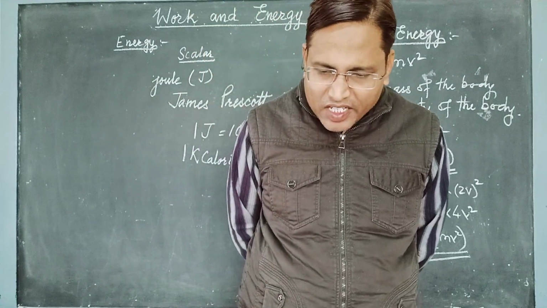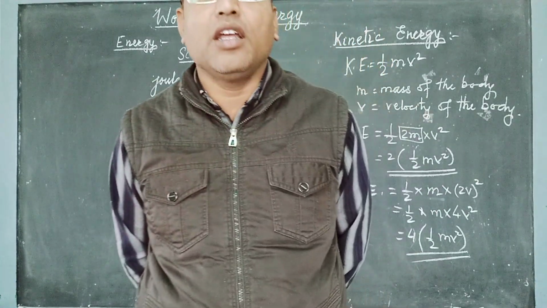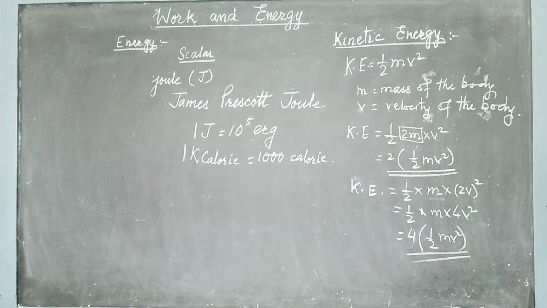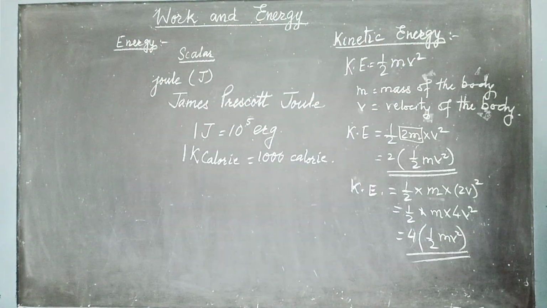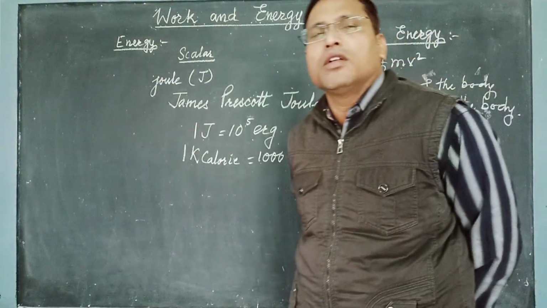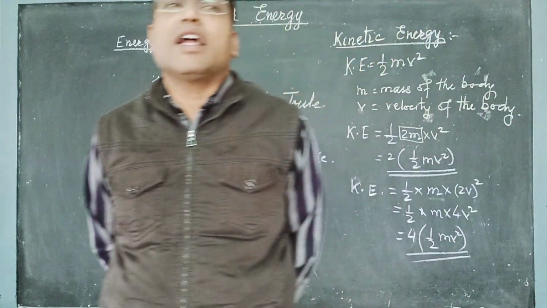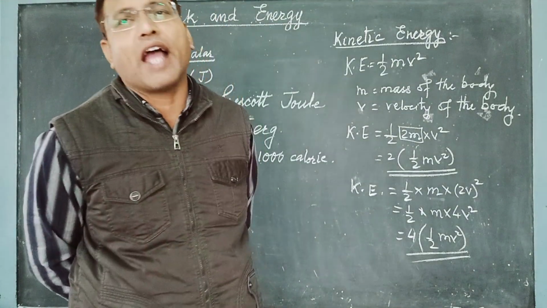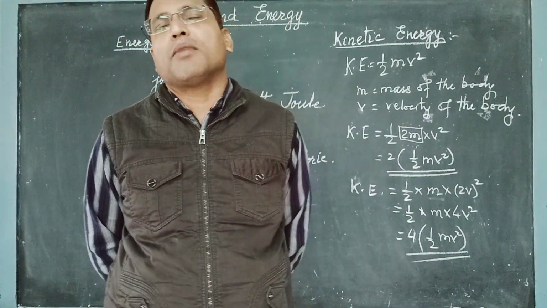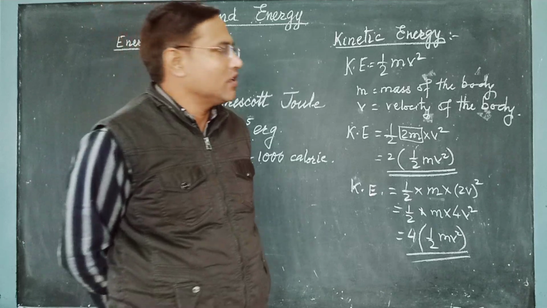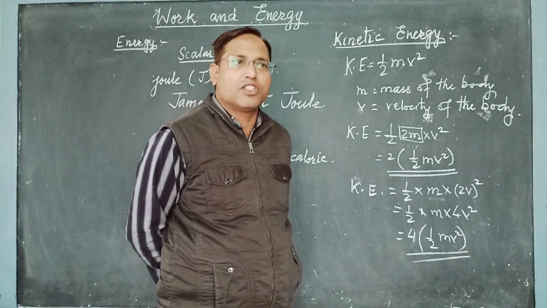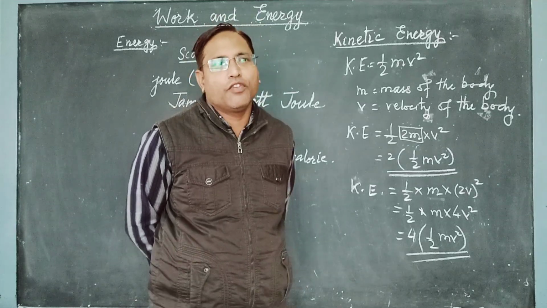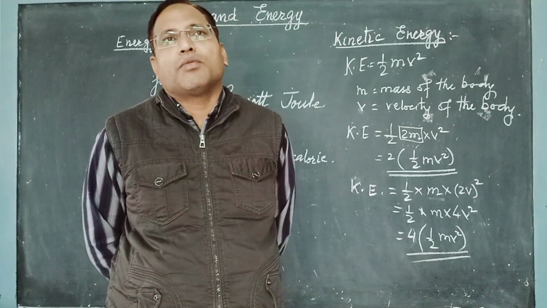So we can say that the kinetic energy of a body depends on the mass as well as on the velocity of the body, and hence the overall kinetic energy of a body can be changed by changing either of these. Either you change the mass or you change the velocity, the kinetic energy will change. If you want to increase it, you have to increase either of these. If you want to decrease it, you have to decrease either of these.